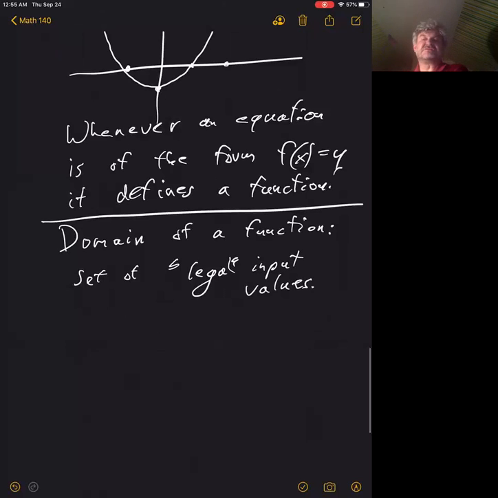By default, we take every possible x value where a formula makes sense.